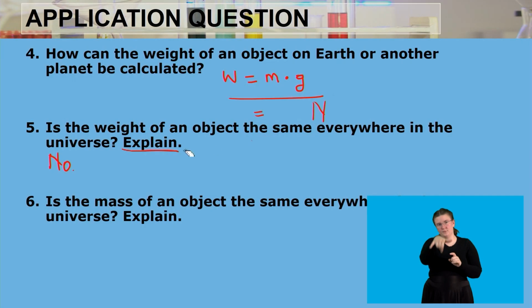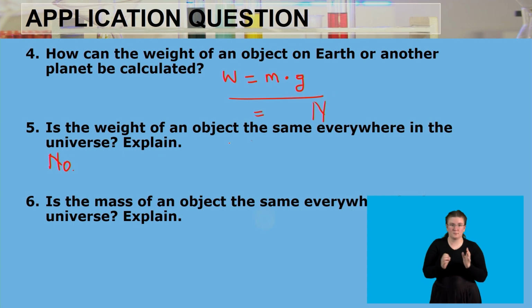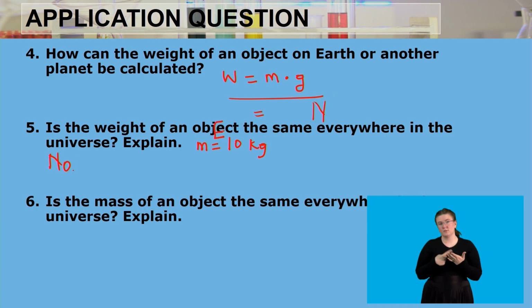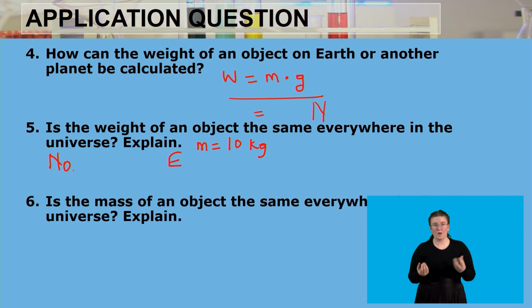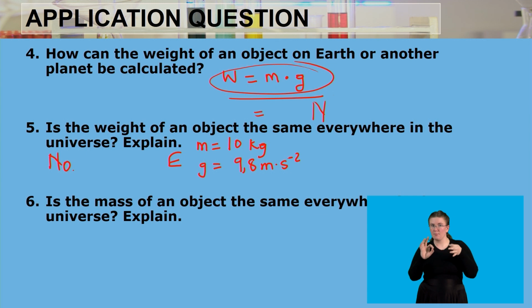For instance, if we were to take an object that has a mass of 10 kilograms, here on Earth, and we know that our gravitational acceleration here on Earth is 9.8 meters per second squared, then to determine the weight of this object, we're going to use the main equation as we have discussed.